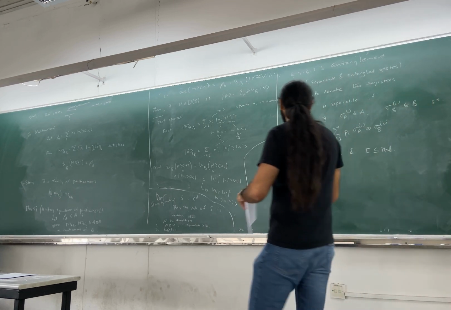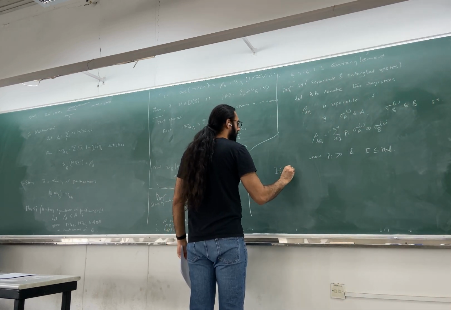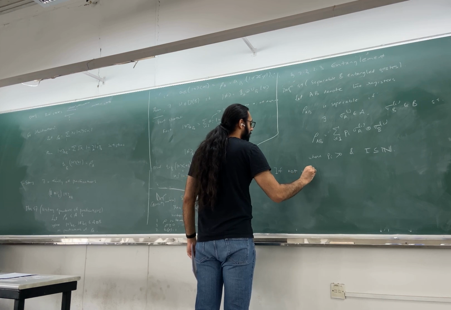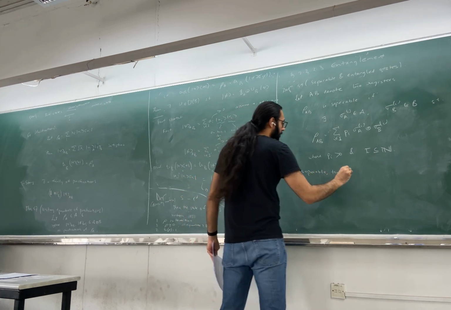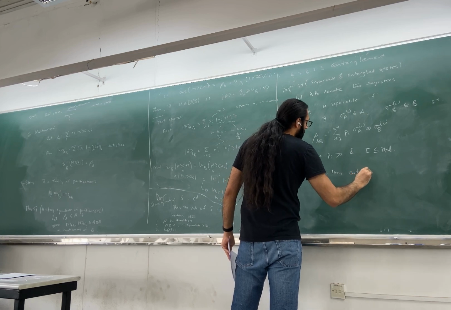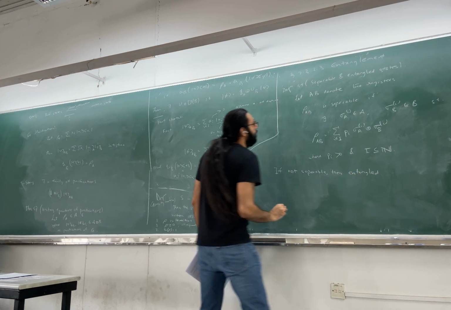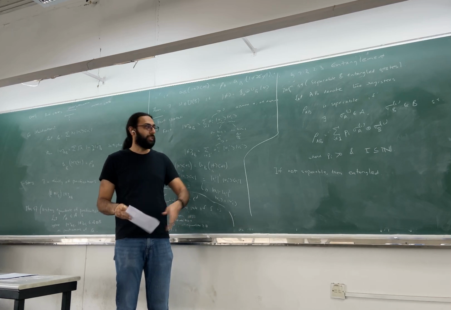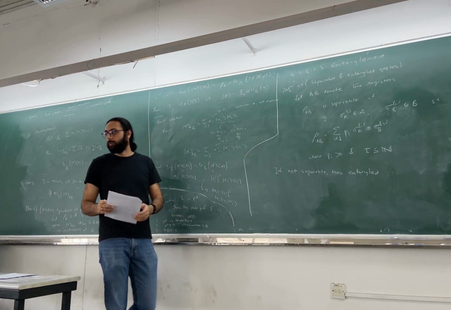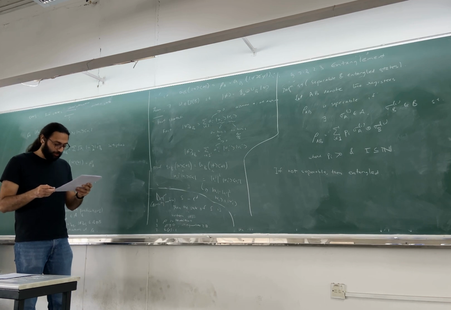And if not separable, then entangled. So that's the definition of separable and entangled. This is just for bipartite. For multipartite, it's probably a bit more involved.